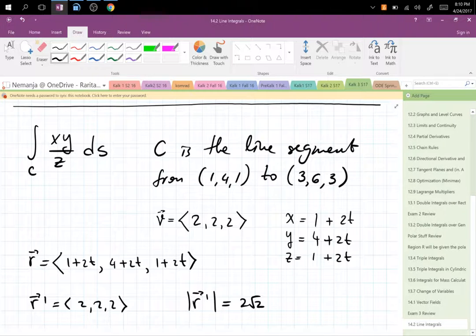No, 2 root 3. 3 root 2. No. It's the square root of 12, yes. So 2 root 3. That's what I said.